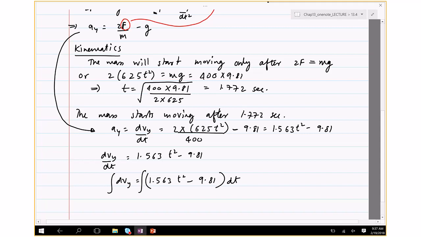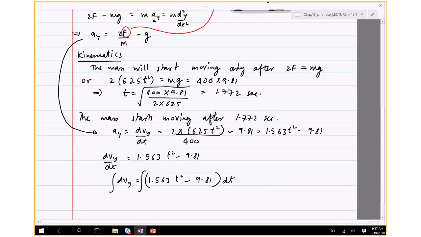And so we are asked to find velocity at time t equals 2 seconds, right? So Vy is the velocity at 2 seconds. The initial velocity, when it's about to move, is 0. And the time actually goes from 1.773 to 2 seconds.